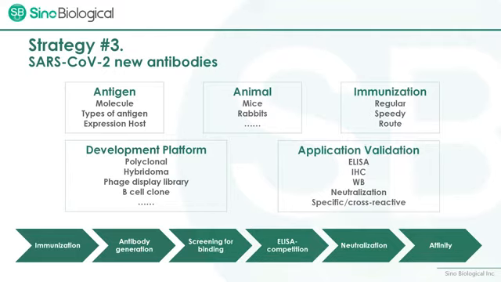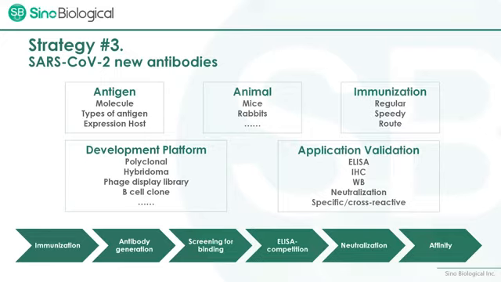Since we hope to obtain antibodies which can recognize the natural viruses or have neutralization functions, we chose recombinant proteins as the immunogen. We immunize both mice and rabbits to do the antibody development.